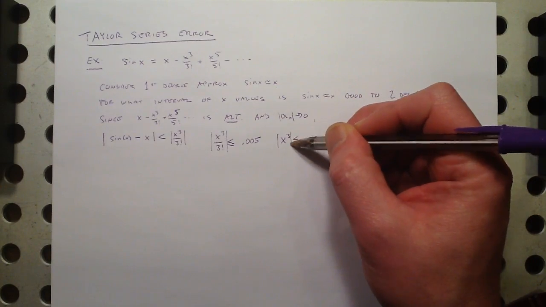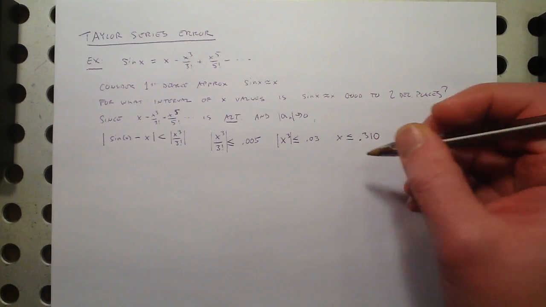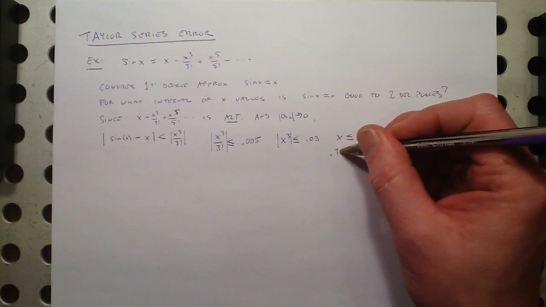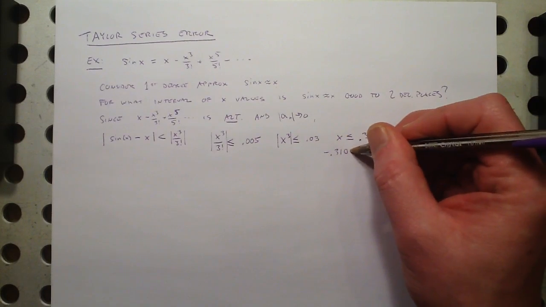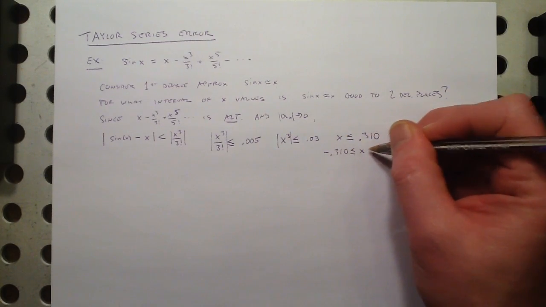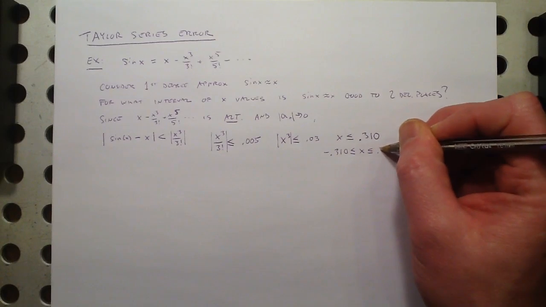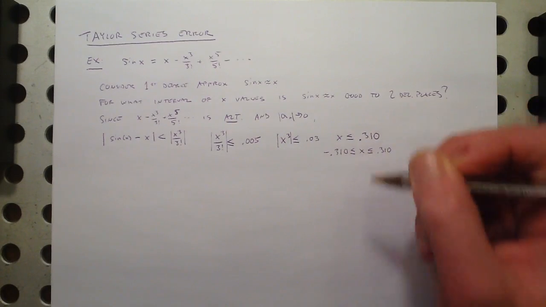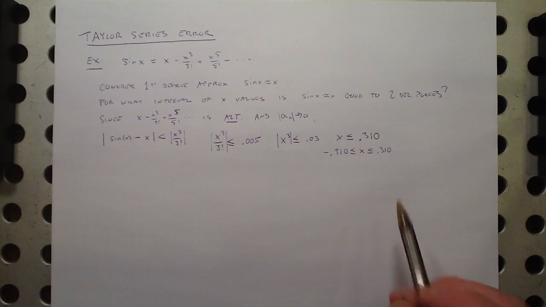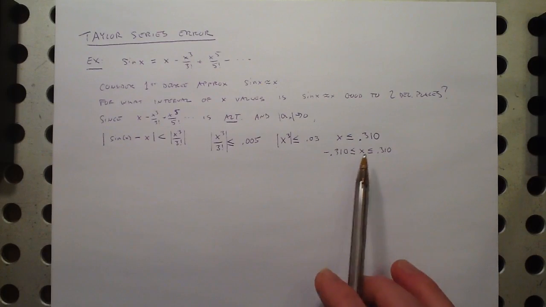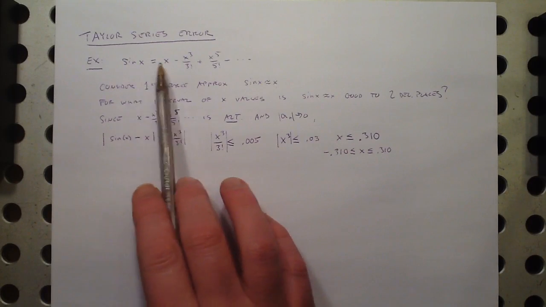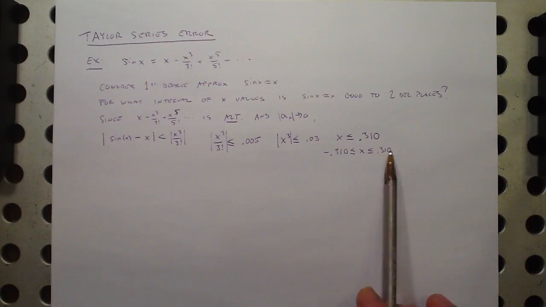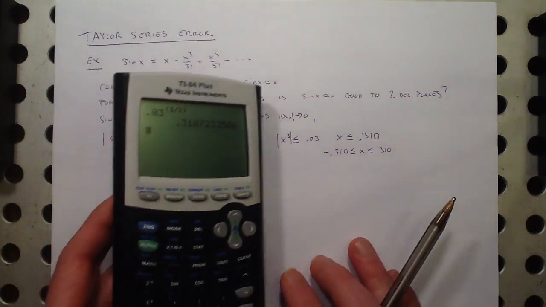So that means x needs to be between here and here. So those are the values of x that will, if you're going to take the sine of x and compare that to x, be good to 2 decimal places.